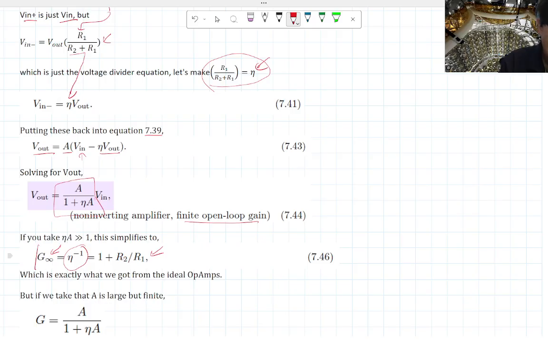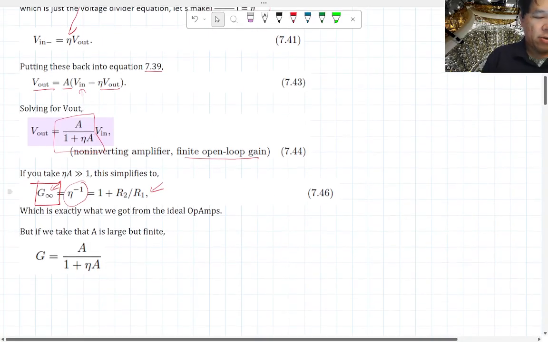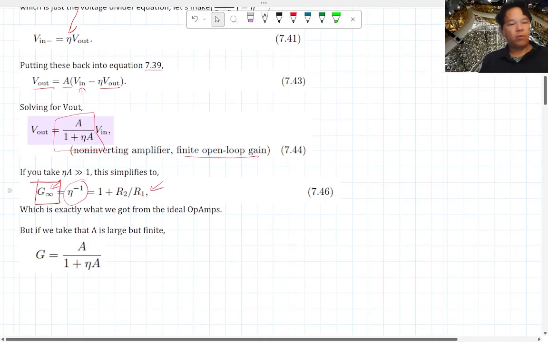We're going to call this G infinity. Okay, G infinity means if we assume that the open loop gain is so large, or approaching infinity, that's the gain of the amplifier in that case. We're going to see how the real gain compares to this.